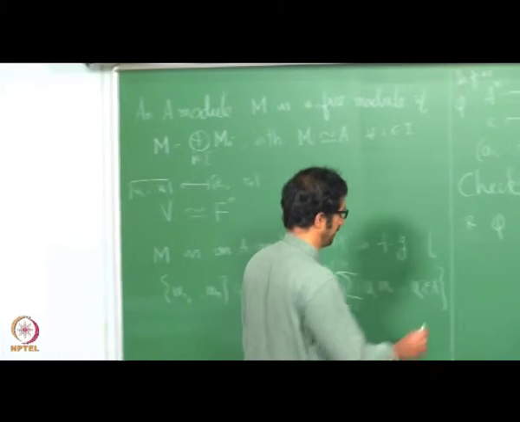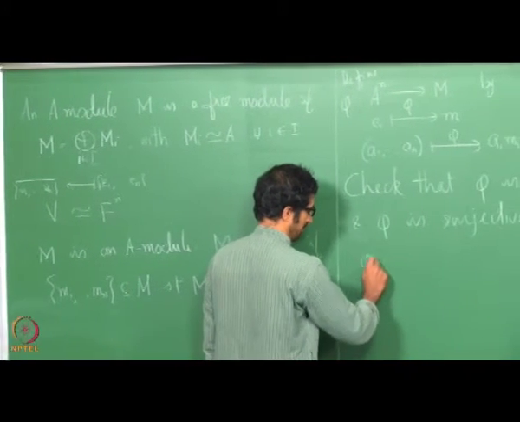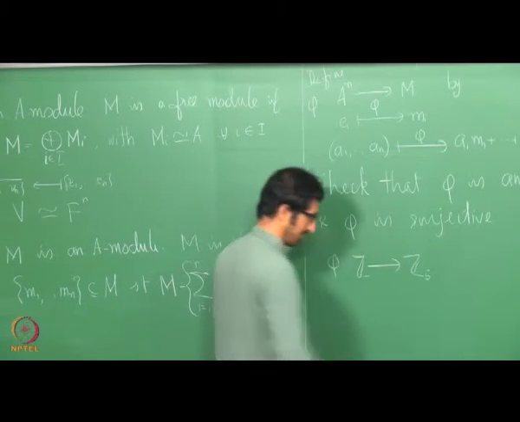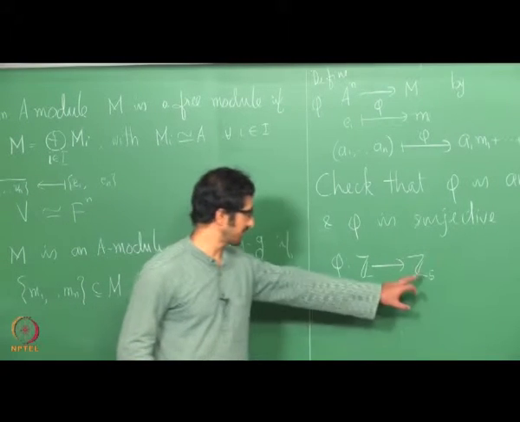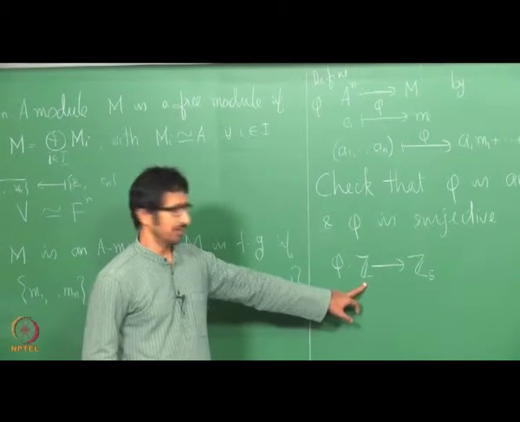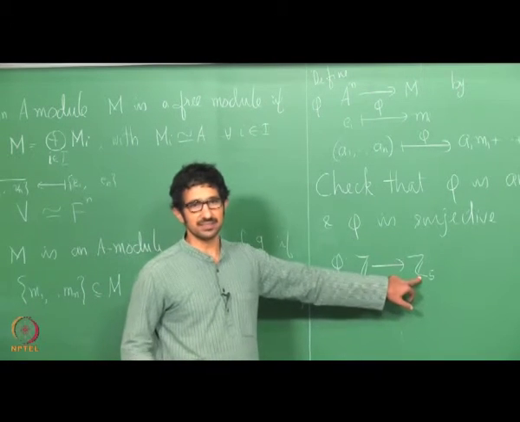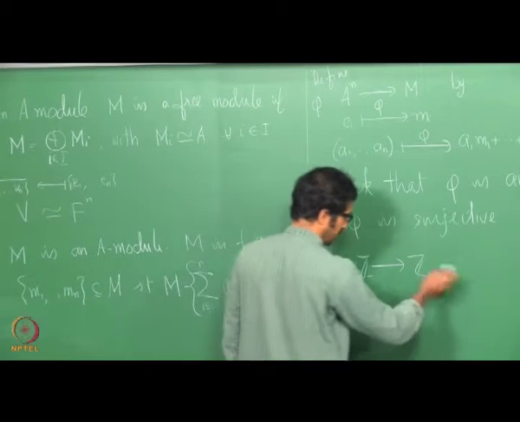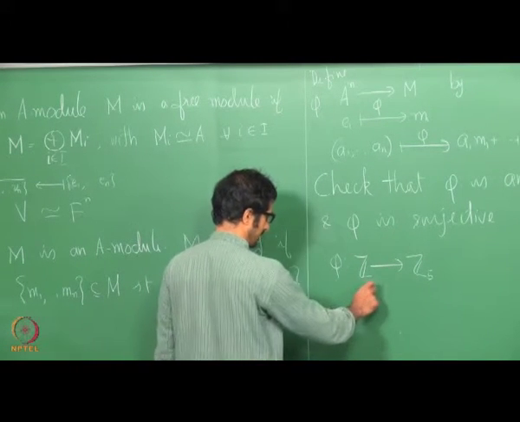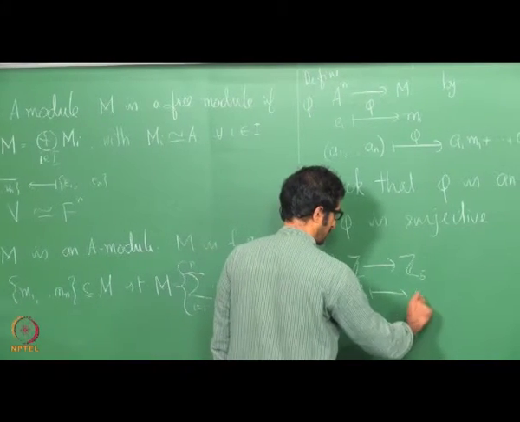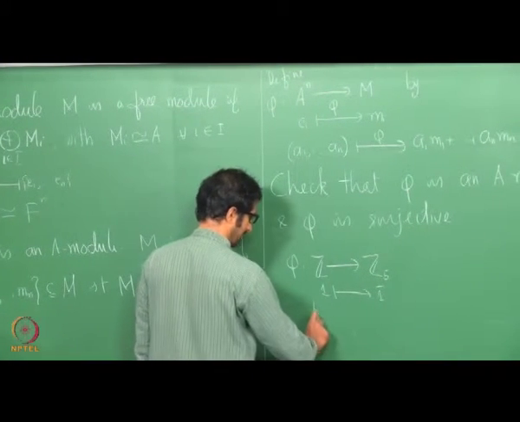For example, if you take a map from Z to Z5, this is a finitely generated Z module. A generator of this is 1, okay. 2, any one of them is a generator here, but if you take 1 going to 1 bar, then there is a kernel here.